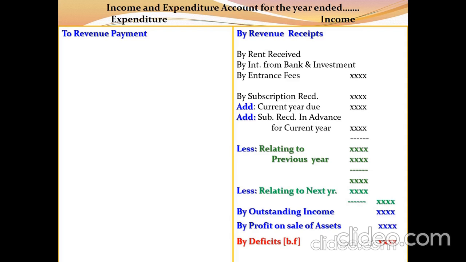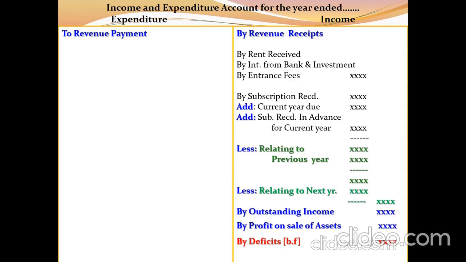There will be no next year transaction in the current year income and expenditure account. Just exclude any income belonging to the previous year and next year. You have to record only the revenue receipts which belong to the current year only.